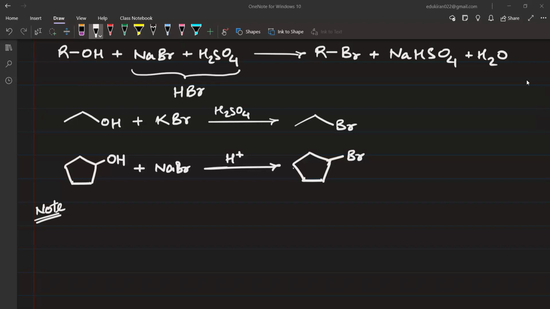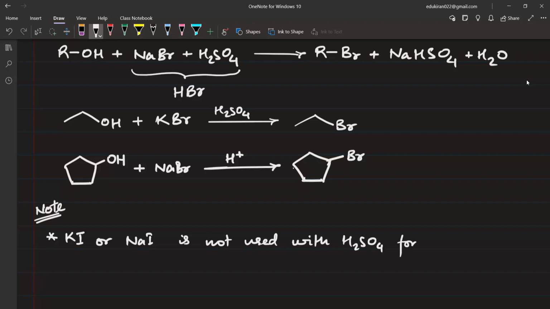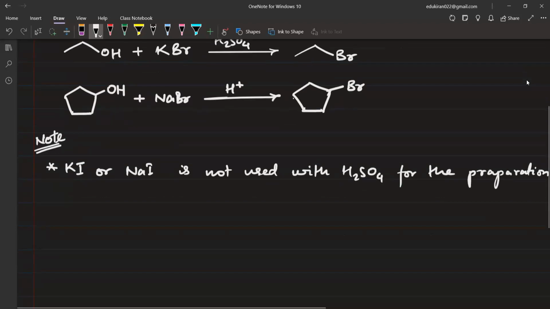Write a note here. Potassium iodide or sodium iodide is not used with H2SO4 for the preparation of alkyl iodides.